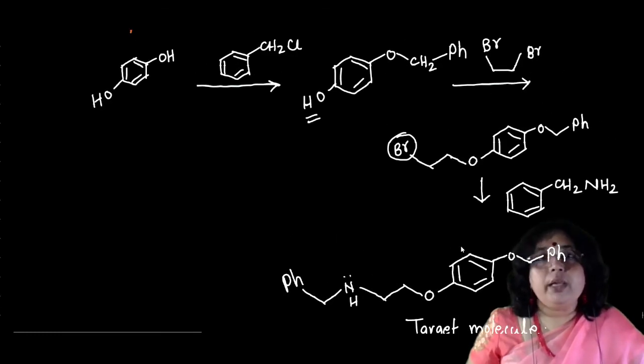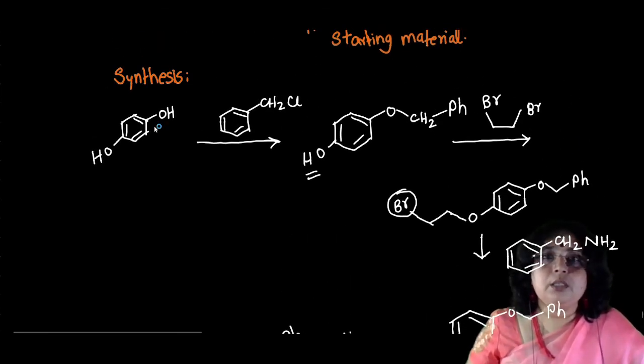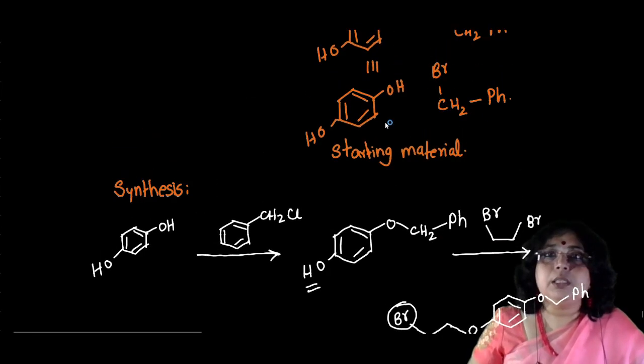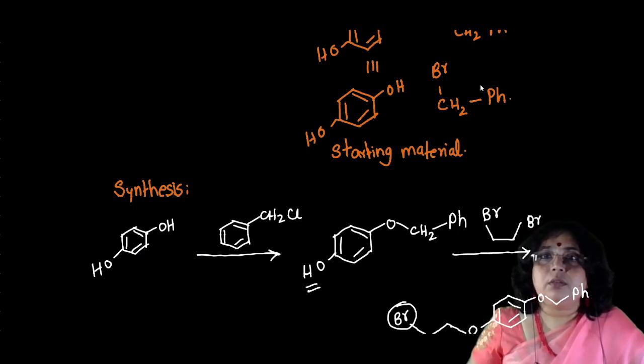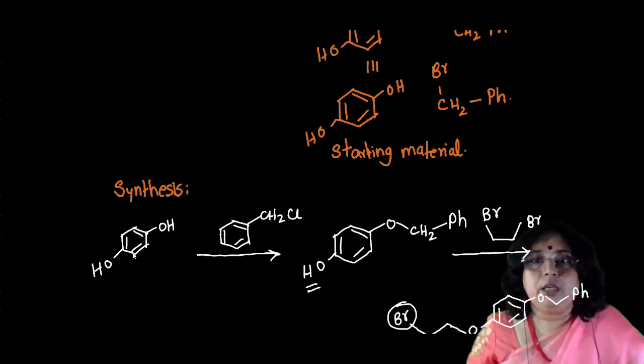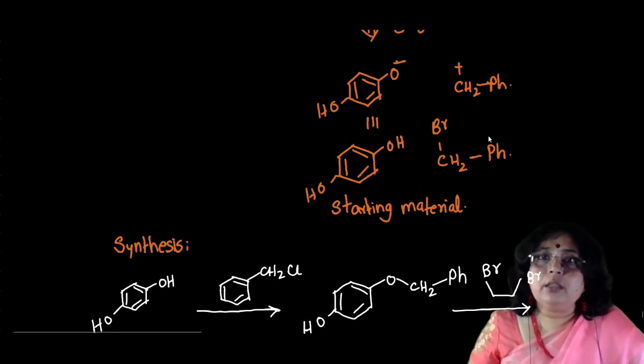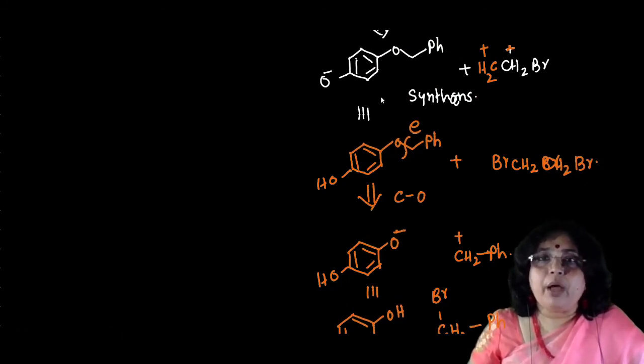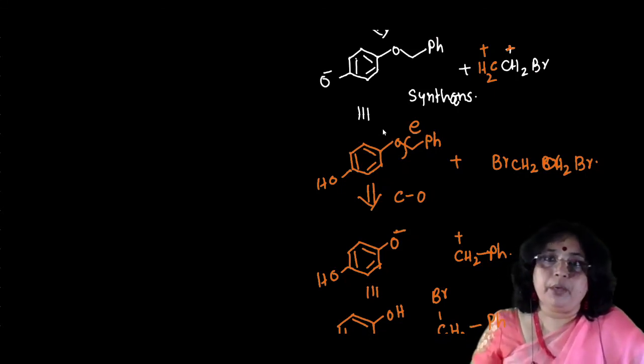Now whenever you carry out the synthesis part, you have to consider the reagents. Here I have used these 2 reagents as starting materials. You can get the clue from the design, whatever part you have designed on paper.